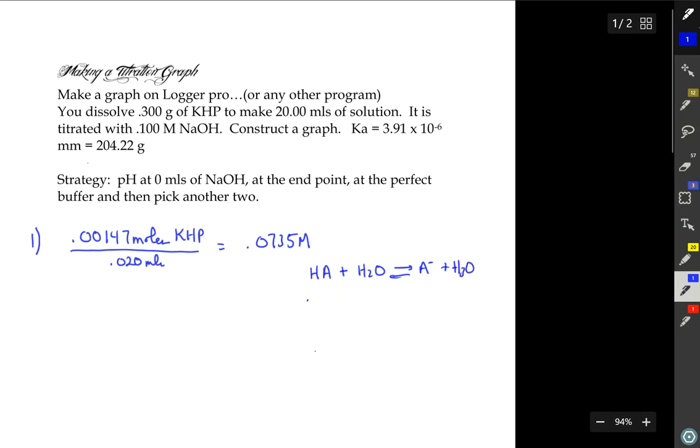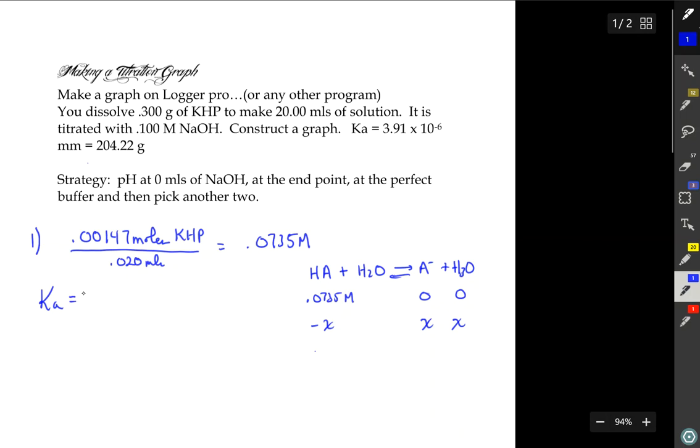So I'm going to start with 0.0735 here, 0 here, 0 here. If I do a RICE table, it's going to be minus x, plus x, and plus x. We assume that this x is pretty small compared to this 0.0735 molar that I just wrote down. So this is how I'm going to set it up.